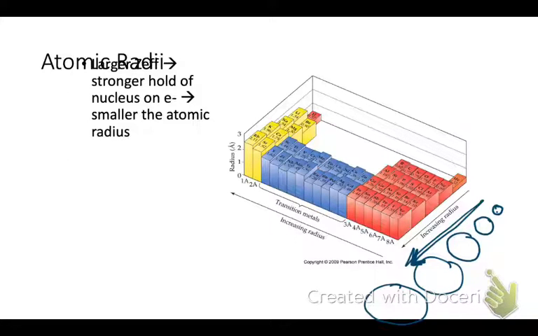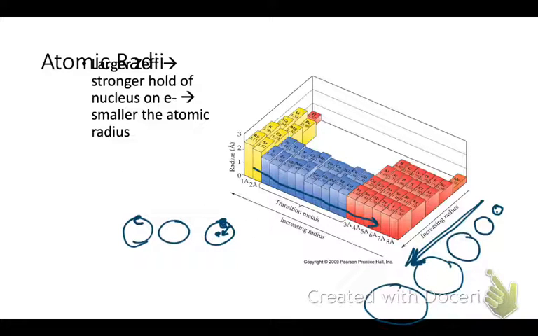Now, why would the size decrease going across a period? Because remember the attraction of the electrons. All these electrons are at the same n level. However, if this electron is experiencing more attraction than this electron to the nucleus, then the atom will shrink.